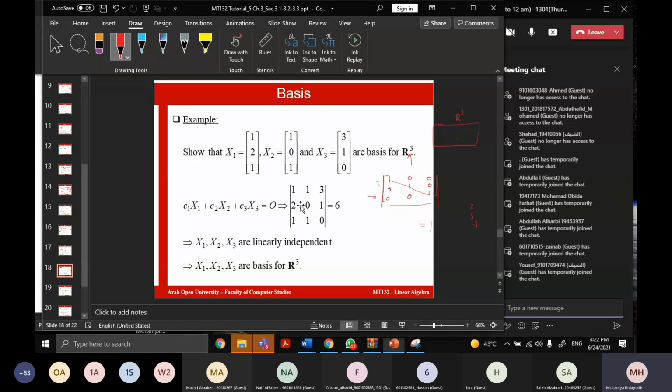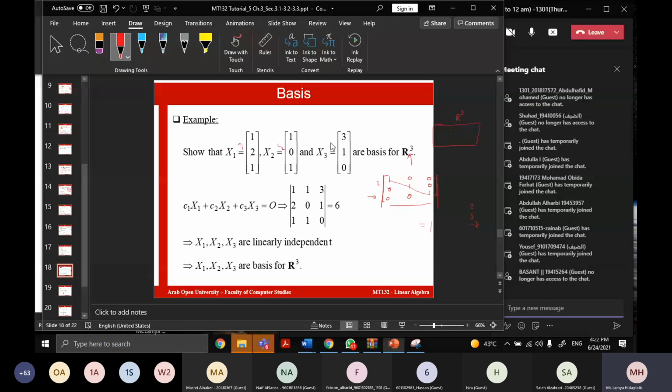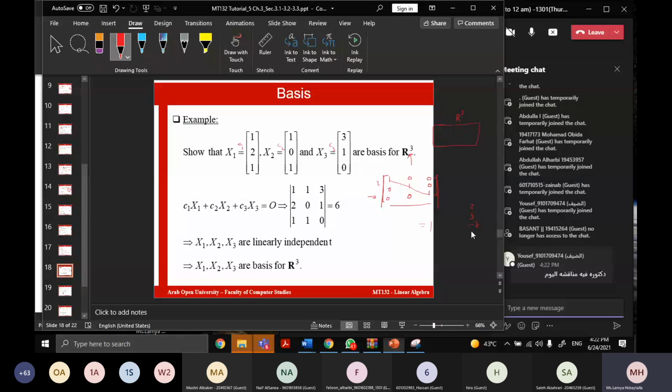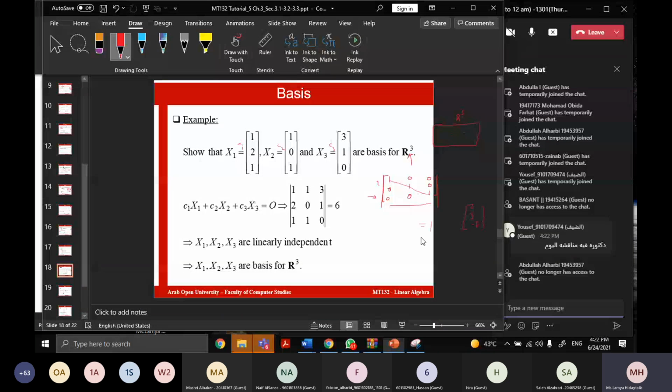If I want to find it, how can I find it? We had it before. How can I find it? We need a number C1 times this one plus C2 times this one plus C3 times this one equal to what? Equal to this one. Go and do it as homework. So what do we do?